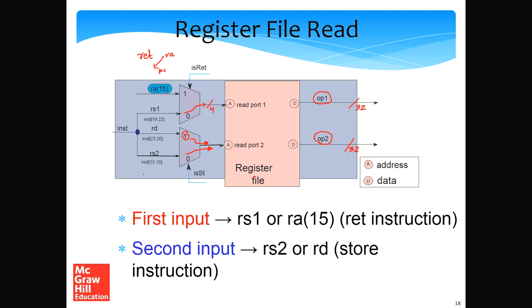That's the reason we have a multiplexer with the isret signal. Similarly, for read port 2, we have a multiplexer with the isStore signal, which chooses between RD or RS2. If it's a store, RD is the source which needs to be read, and if it's any other ALU instruction, then RS2 is the source that needs to be read. Then we read from read ports 1 and 2 simultaneously, and the data comes out, referred to as OP1 and OP2 respectively.